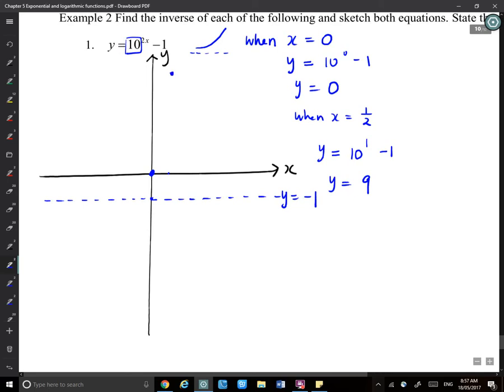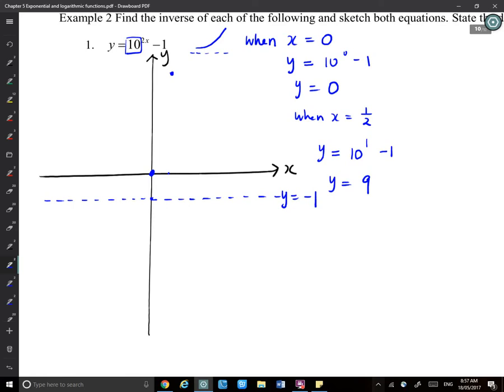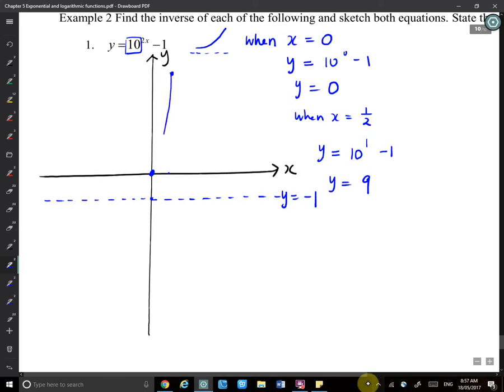Well, it's a really high value. It's not really to scale, but something like that. And the graph will be like this. This point is (a half, 9). That point is (0, 0).